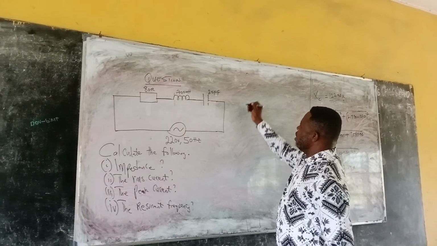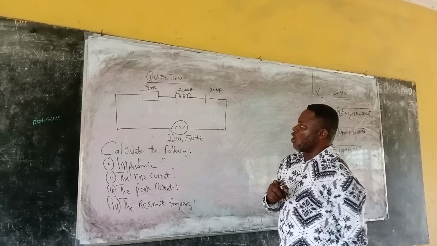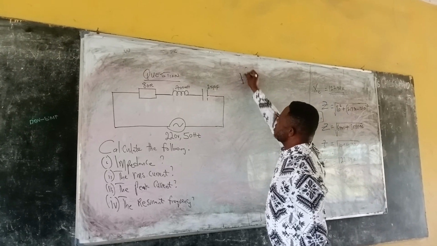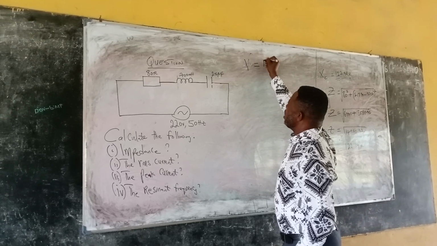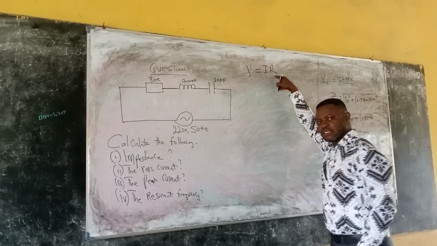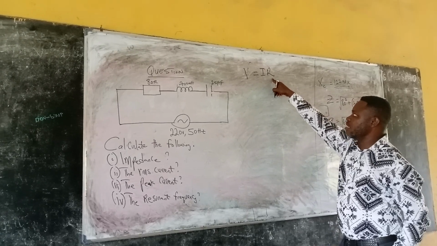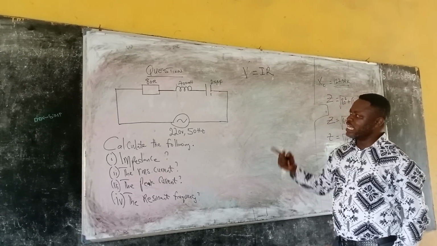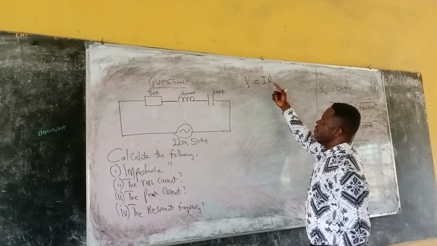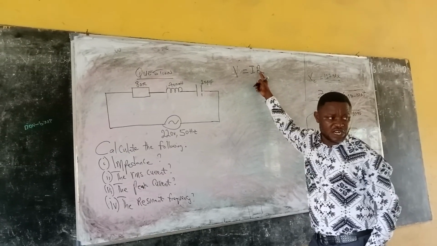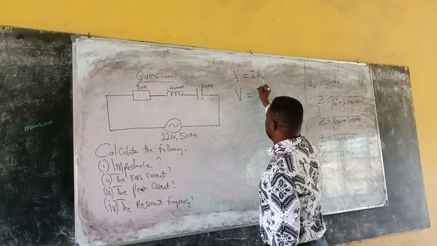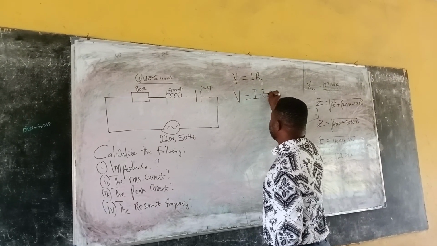Now, the normal Ohm's law that we know for direct current is that V equals IR. As voltage is current times resistance. This is for a direct current circuit. But when you are playing with an alternating current circuit, the equations are very similar, just that our resistance will now be called impedance. So the equation will now be V equals IZ.